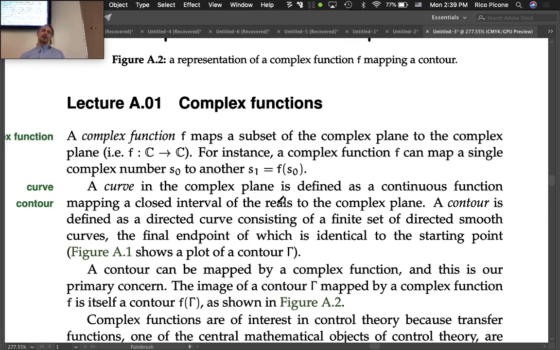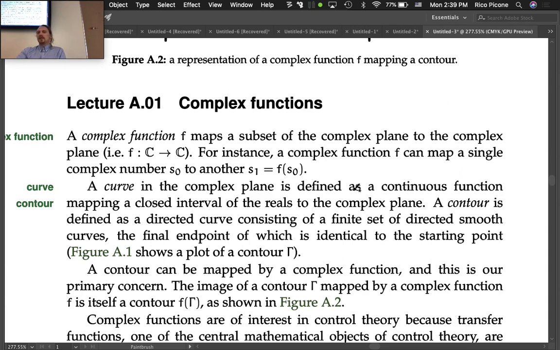Okay, so a complex function f maps a subset of the complex plane to the complex plane. So it just takes a complex number and returns a complex number. For instance, a complex function f can map a single complex number s0 to another, s1, by just plugging it in. Plug in s0 to the function, you get s1. They're both complex numbers. Great.